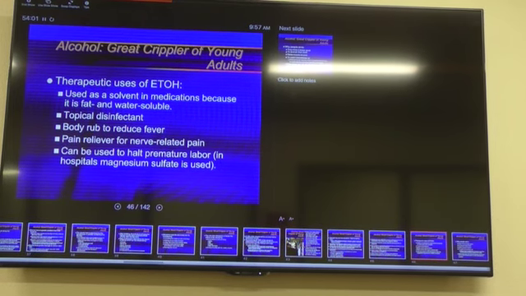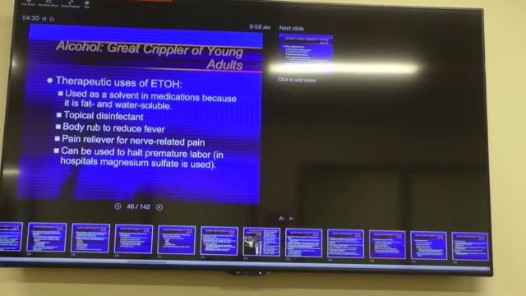It can be used to halt premature labor, strangely enough. So if somebody goes into labor and they're way far away from the hospital, if you give them a shot of whiskey, it will slow their labor down to the point of stopping it. Of course, in the hospital, we don't use shots of whiskey. We use magnesium sulfate, and that stops labor almost immediately.